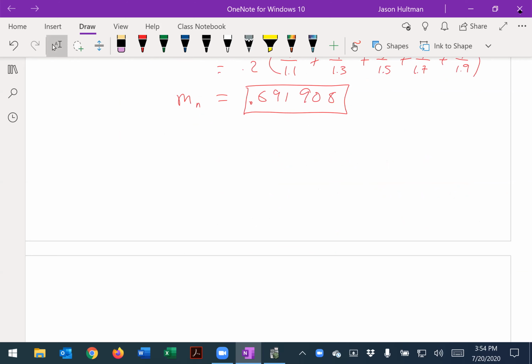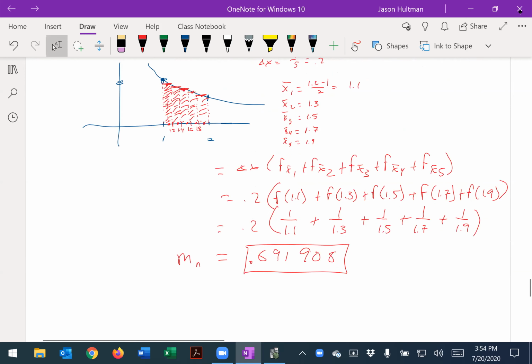Before you move, do you mind going back to the list of your x sub 1, sub 2, and how you got 1.1, 1.3, 1.5, and so on? Yeah, so I'm taking the average of the x values. So it's x bar 1.